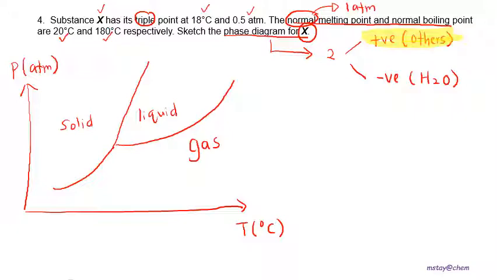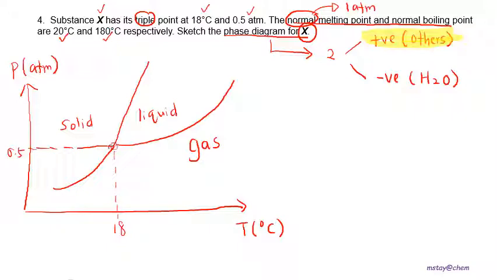Because you already understand this is the triple point, the triple point is at 18 degrees Celsius. So that means you have to drop down here and label 18. And then to the left side here, it is 0.5 atm.